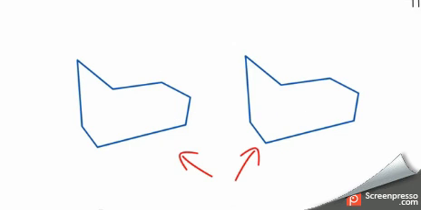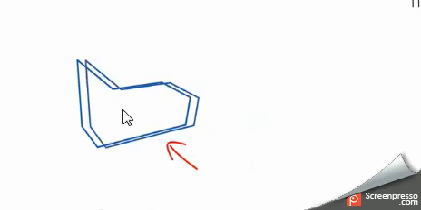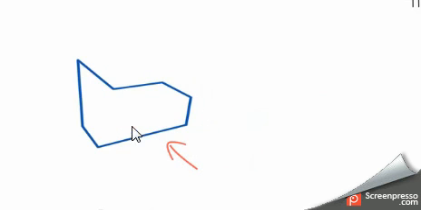Let's go and see. I move it now. Oh, mister, the two heptagons become one heptagon. Okay, excellent. So these two heptagons are congruent.